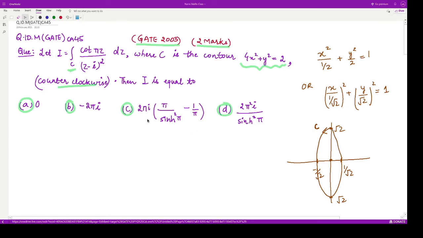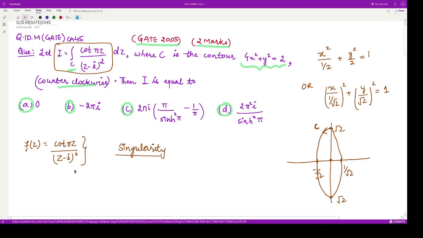Now in order to calculate this integral, let us first check all the singularities. Let us first assume our function f(z) to be cot pi z divided by (z minus iota) whole square. Let us check all the singularity points, all the points where we have a problem, that means the points where this function is not analytic.